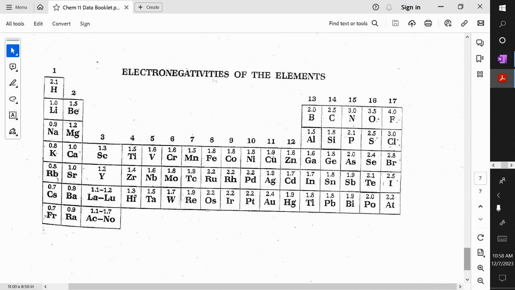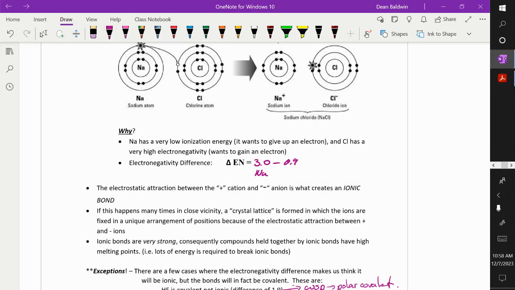So sodium is 0.9, chlorine is 3. That makes way more sense. So chlorine and sodium get a calculated difference of 2.1, which is greater than 1.7. Therefore, we would say it's ionic. In the past, we would just say metal, non-metal, but now we can actually calculate these.